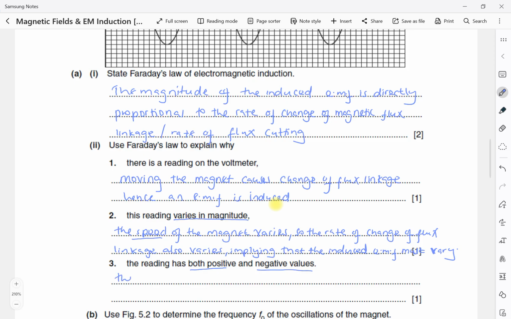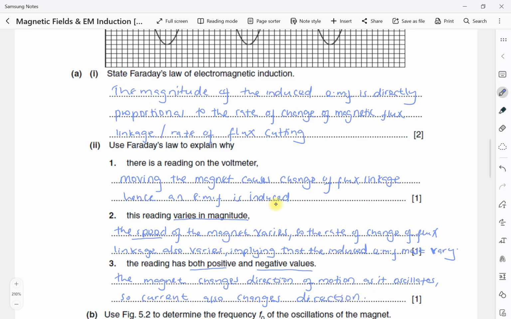So the magnet changes direction of motion as it oscillates, and the current also changes direction.